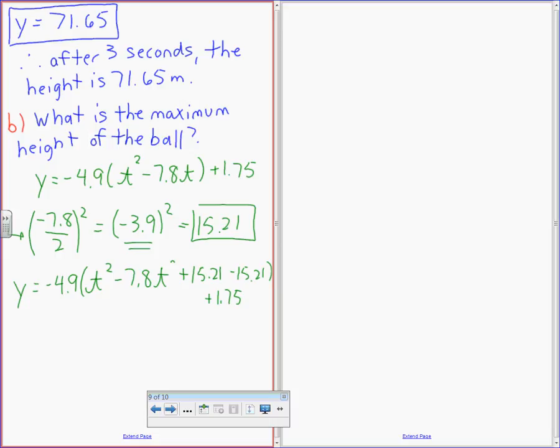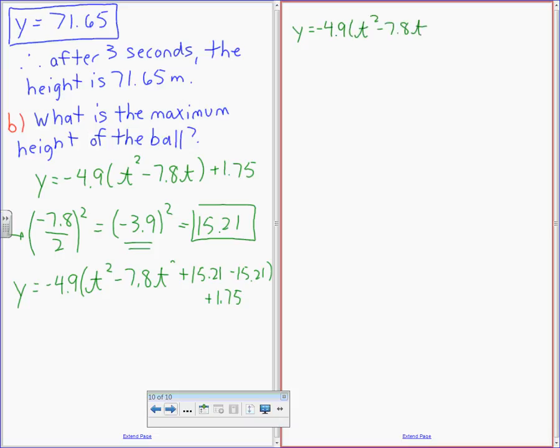All right, Maya, I'd like you to be brave. Please tell me what to do next. Well, I did negative 4.9 times negative 15.21. Good. Can you use my calculator and tell me what that answer is, please? Equals negative 20.11.